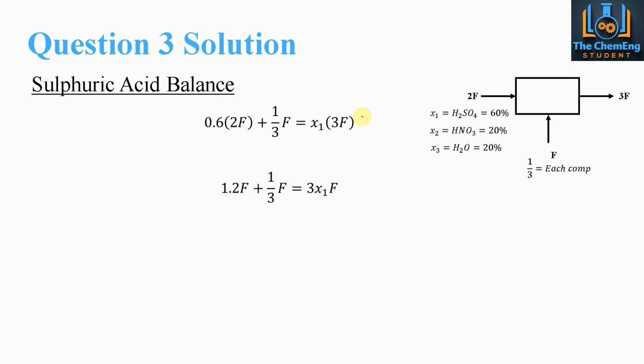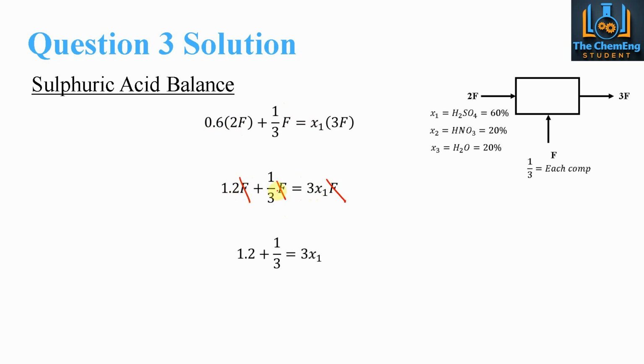So what we'll do is we'll start to multiply this out, and then we can start to simplify the system, because what we now have here is that all the F's cancel each other out, because we can now see that 0.6 times 2F would give us 1.2F.